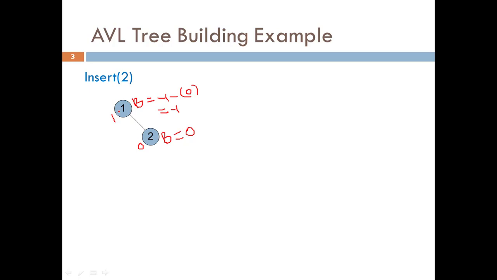Okay, so next, add 3. We see that 3 will be added to the right side of 2. Once we inserted 3, we know that we need to update the heights of the tree. The heights are calculated from the bottom up.